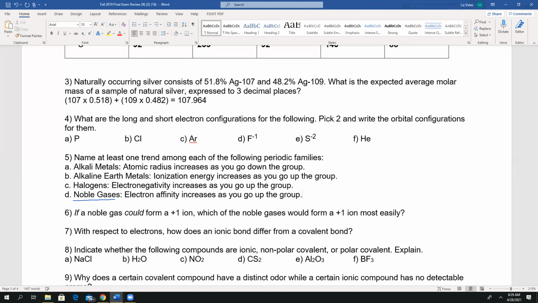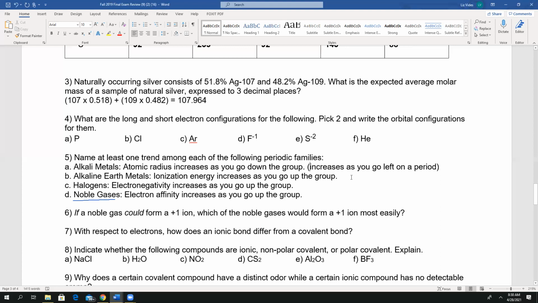Okay. All right. So you could also add here, as a side note, that it increases as you go to the left, right? As you go left on the period, that's that one, because it does increase as you go left.